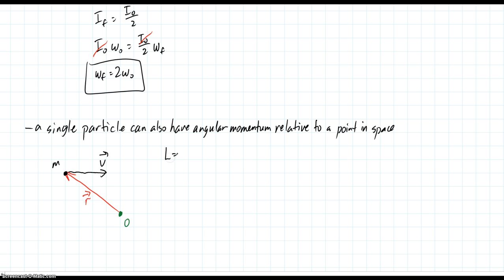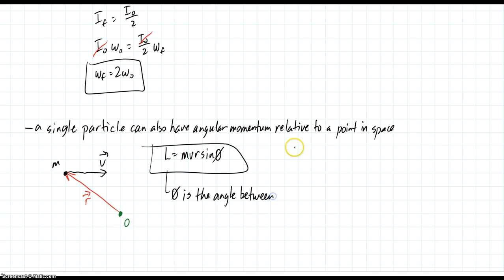But here, L would equal m v r sine phi, where phi, similar to before, is the angle between r and v. And so on this diagram, this angle would be phi.